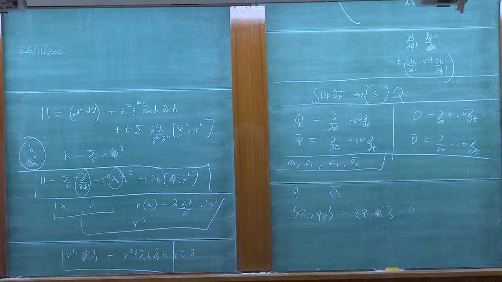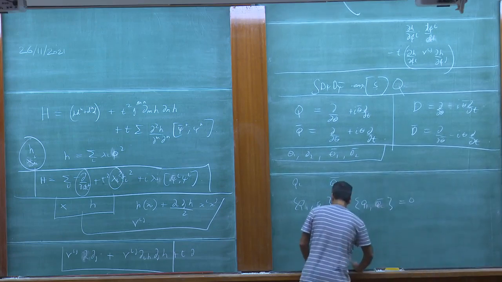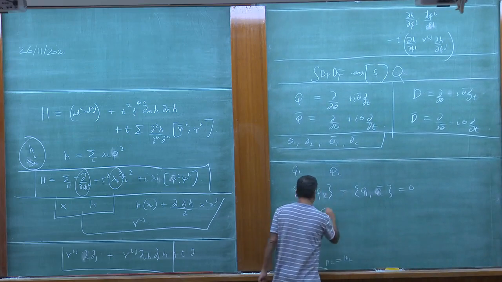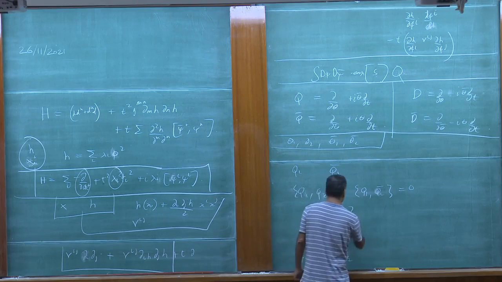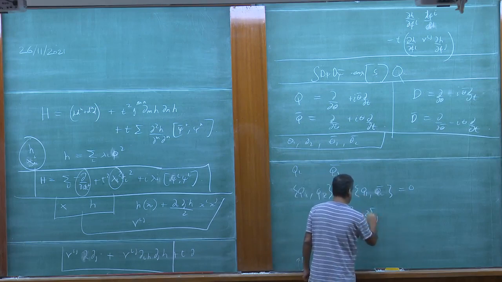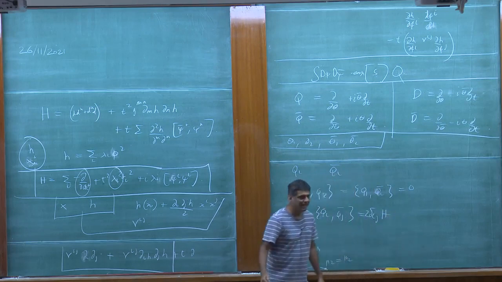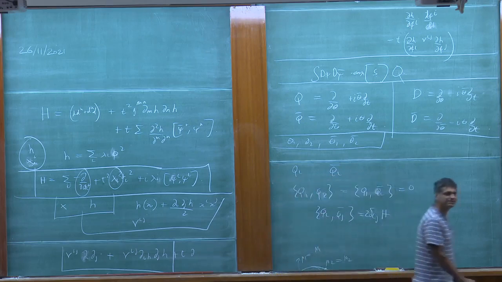Moreover, the algebra of Q1 with itself is unchanged from what we had last time. Just because I've called it Q1, how does it change anything? And so what we've got is that this superfield representation implements the algebra: Qi Q bar j is equal to delta ij 2H, and all other anti-commutators are 0.